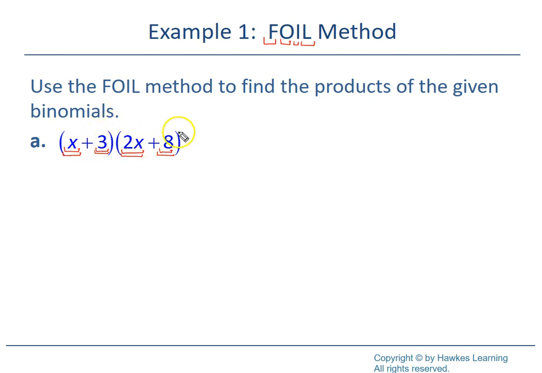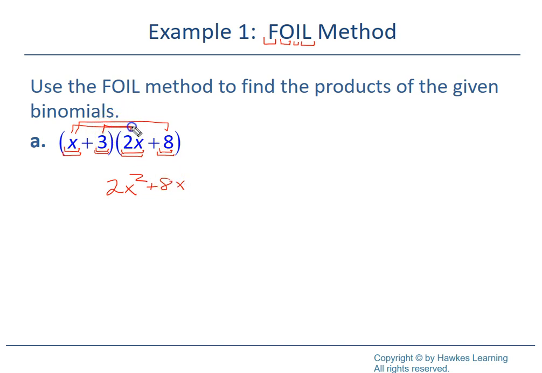Now often when students do this, initially you may want to do something like this. They multiply the first, so you put a line like so. This would be x times 2x is 2x squared. Now you're going to do the outers. Mentally you go like so. The outers, x times 8 is plus 8x.